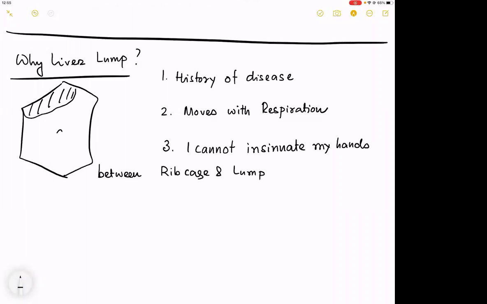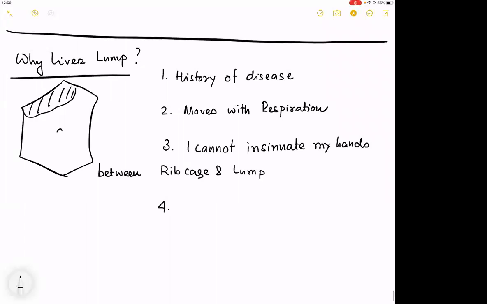This is common for liver and spleen. Number 4, it is dull on percussion and extends from the 5th intercostal space downwards.